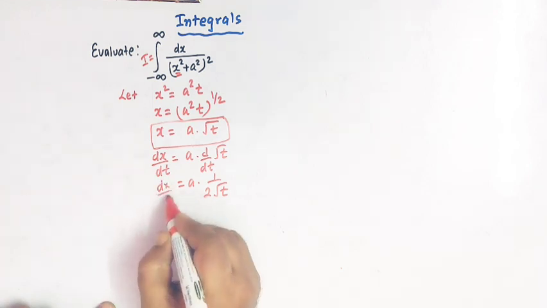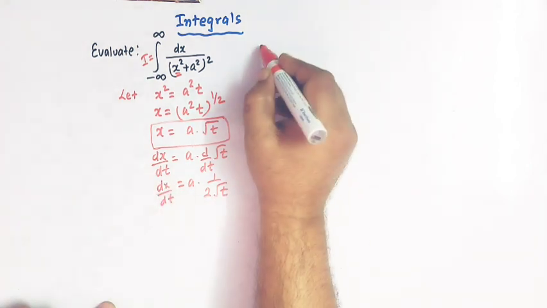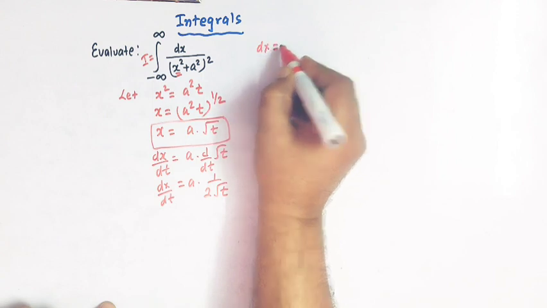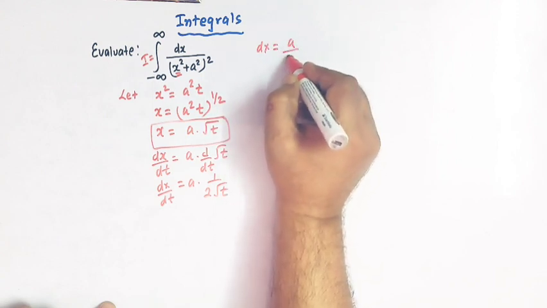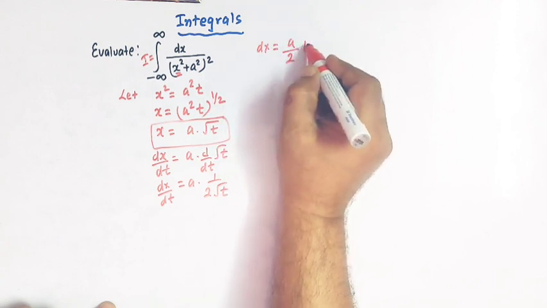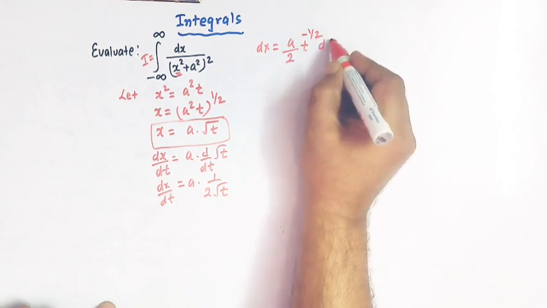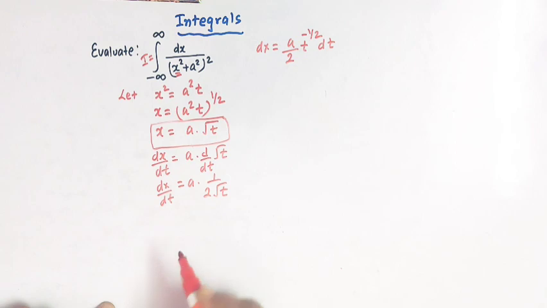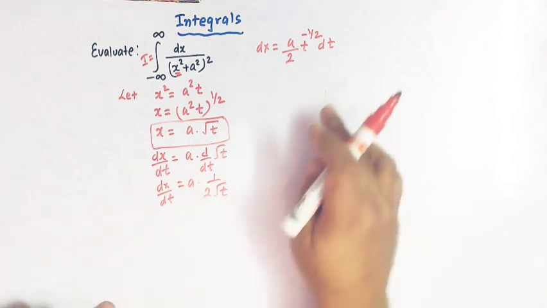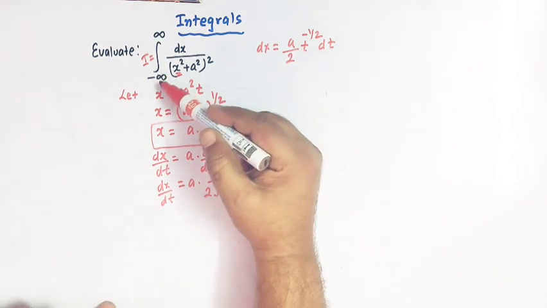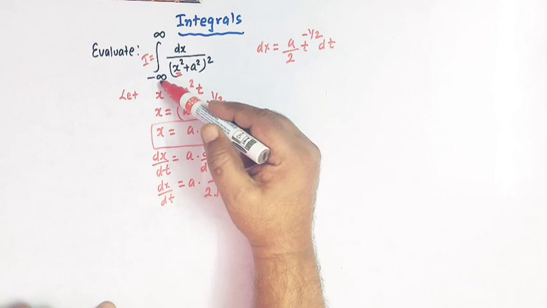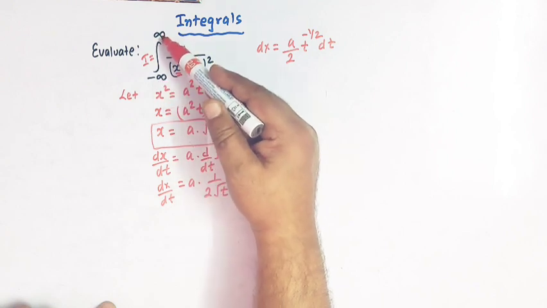So now we can write dx as a over 2 times t raised to minus half dt. Now see, here the limits of integration are from minus infinity to infinity.